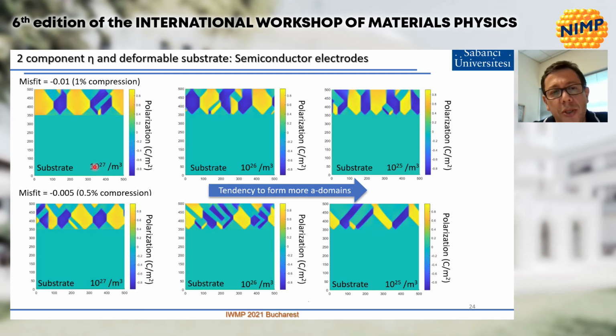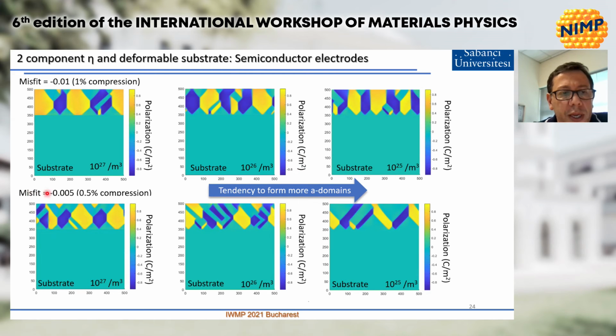This is telling you the doping level of the semiconductor, so this is almost metallic. But still, the finite screening effects at the interface trigger the polydomain, especially electrical domains. As you go lower in dopant concentration, you start getting finer domains, and this is something we are familiar with from many other works. But we also have these elastic domain regions appearing.